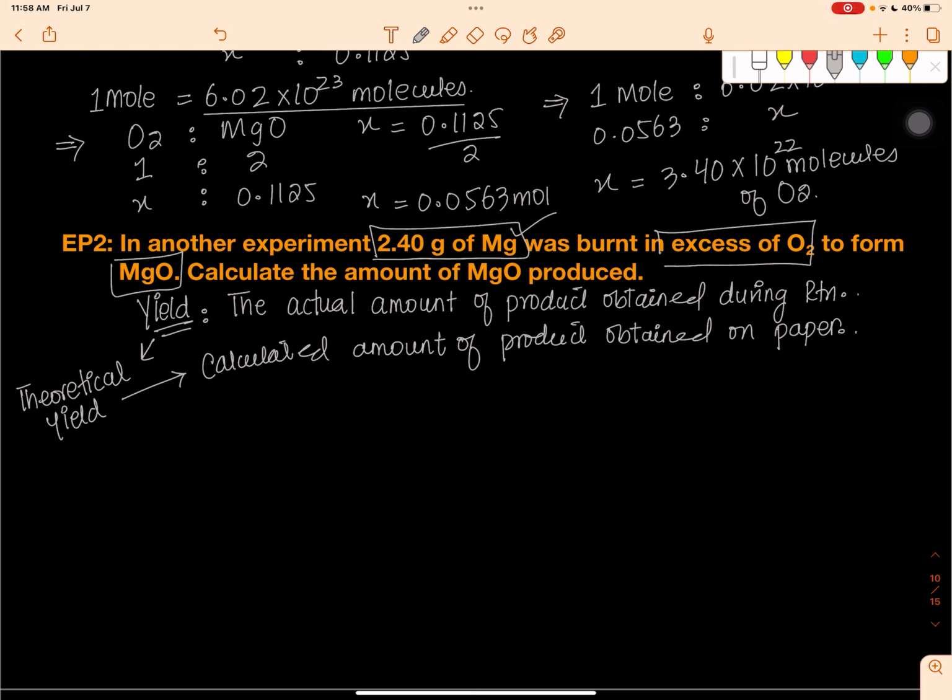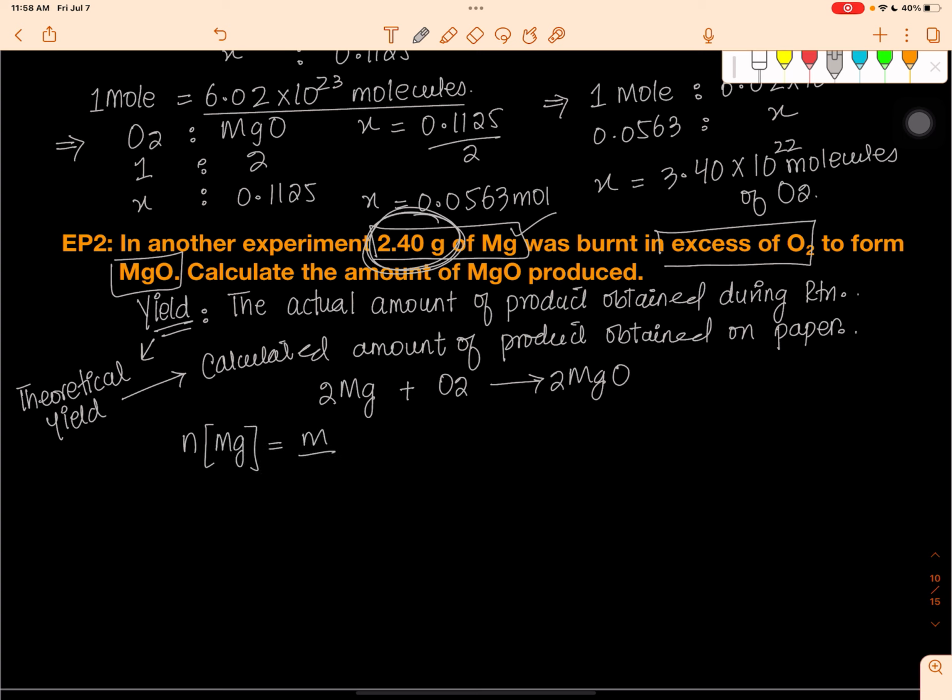So again, we need a balanced chemical equation. Magnesium, when it reacts with oxygen, produces magnesium oxide. Balance this. The equation tells us that 2 moles are reacting to produce 2 moles. This is a 1:1 relationship. But first we need to find out how many moles there are if we have 2.40 grams of magnesium. So we use a formula where the number of moles of magnesium is calculated as mass upon AR.